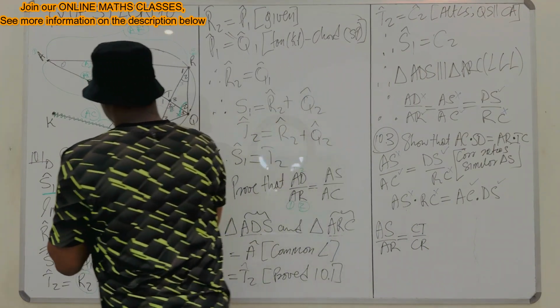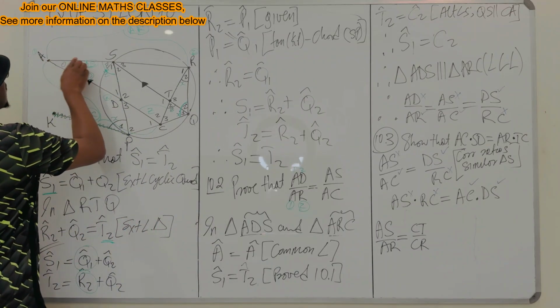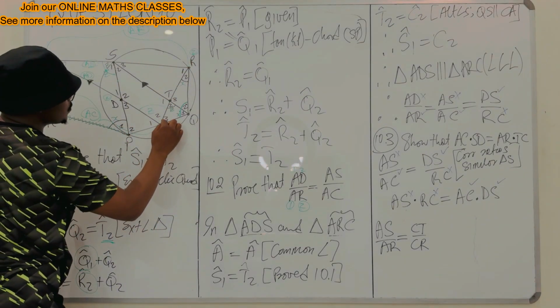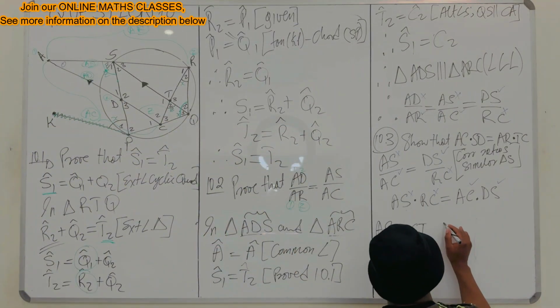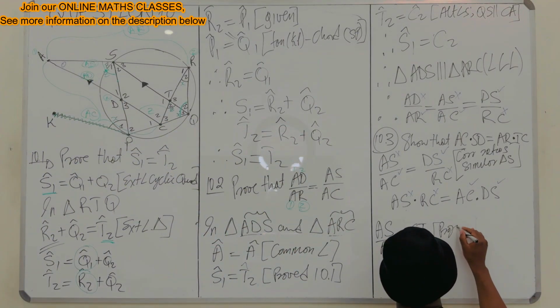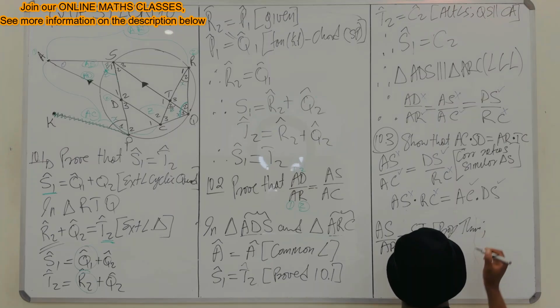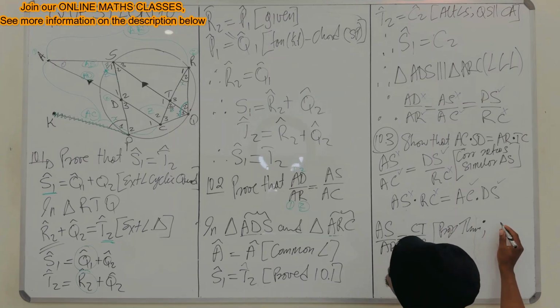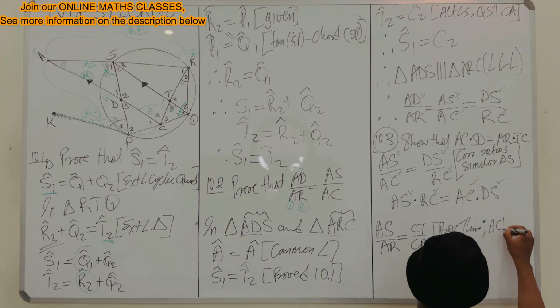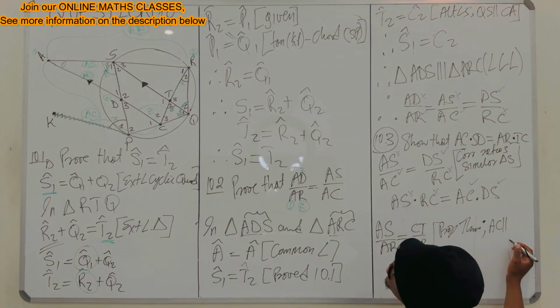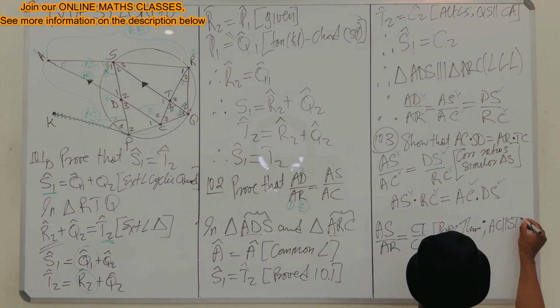So I said this small part over the entire side equals this small part over the entire side. This is a proportionality theorem because your AC is parallel to ST.